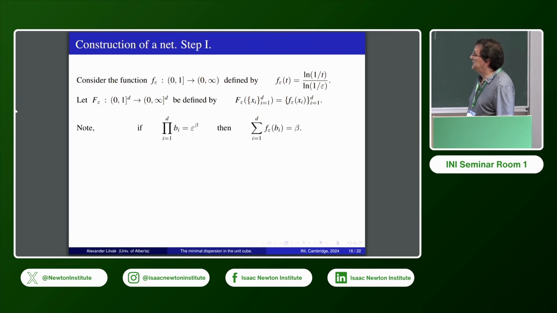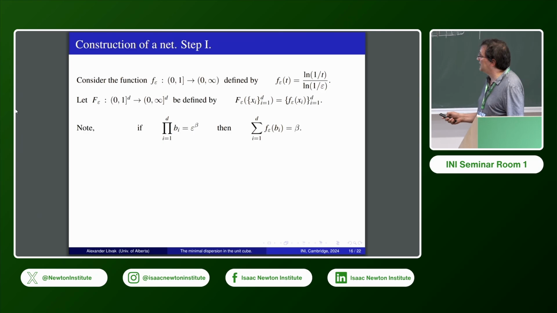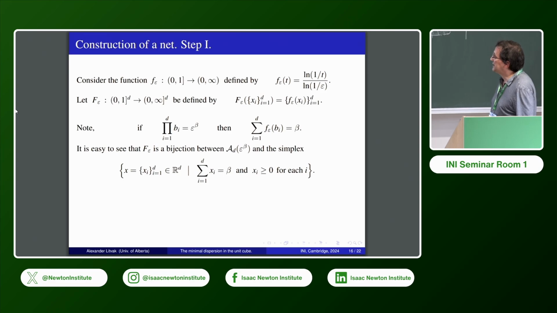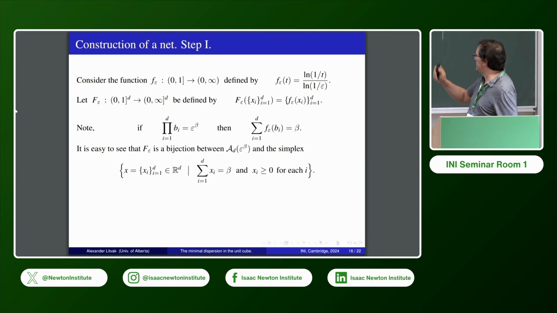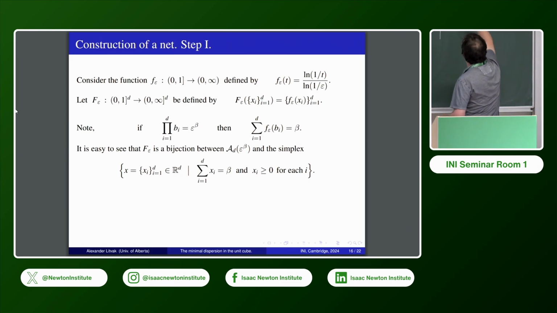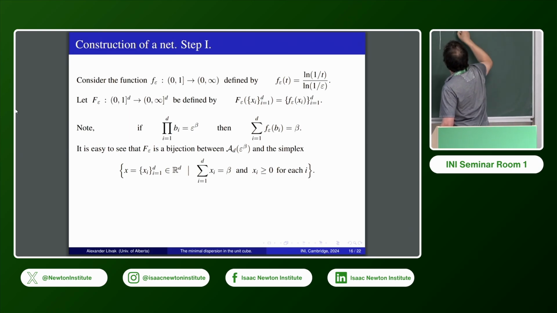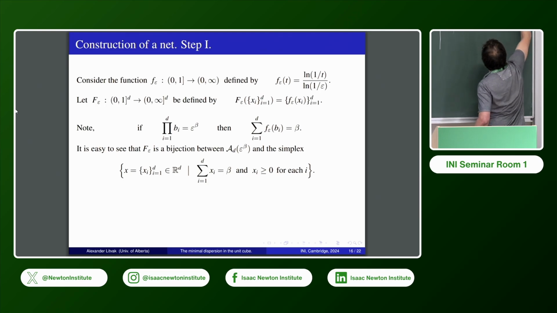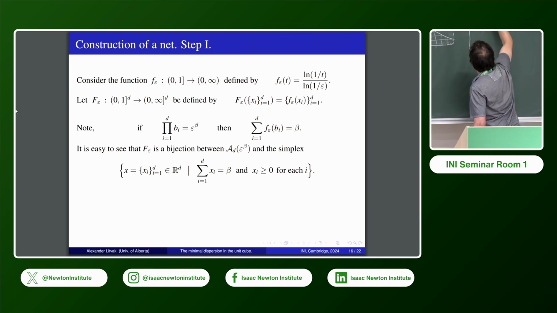And what it gives me is that instead of a product, I will have a sum. So it will be a bijection, and geometrically it will send my set to the simplex in R^d, but I of course produce only a two-dimensional picture, so this is my R^d. And my points will lie on a hyperplane.